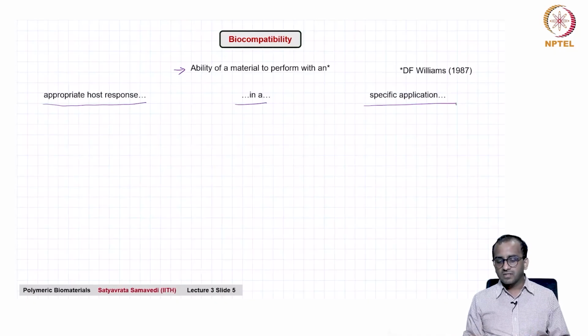At first glance, it seems like this doesn't tell us much. It seems very broad, very generic, but as you will see, it's a very powerful definition because it encompasses a lot of different dimensions of how biomaterials can be used in specific clinical applications.